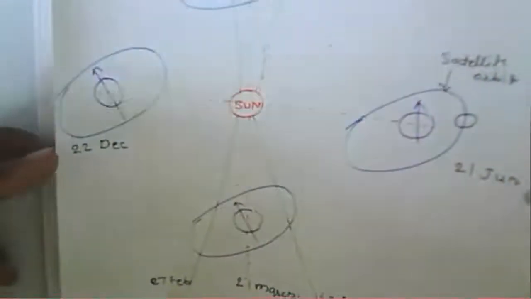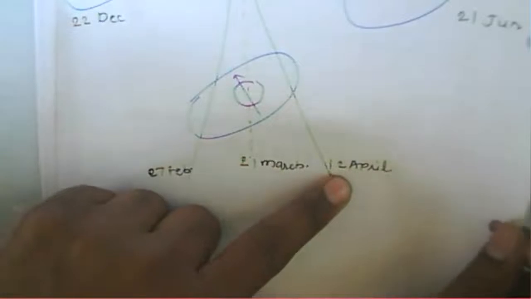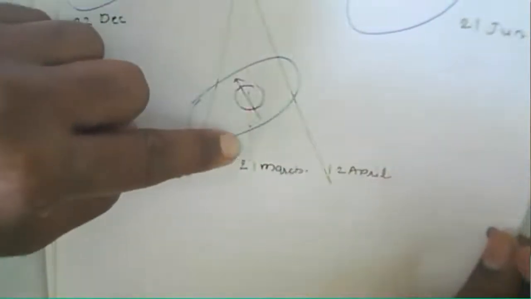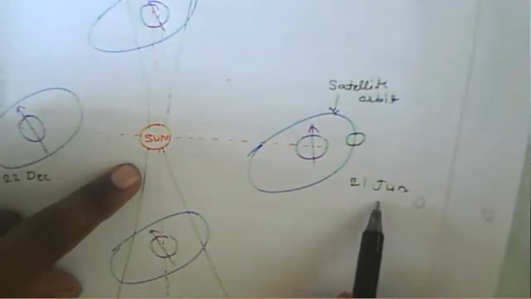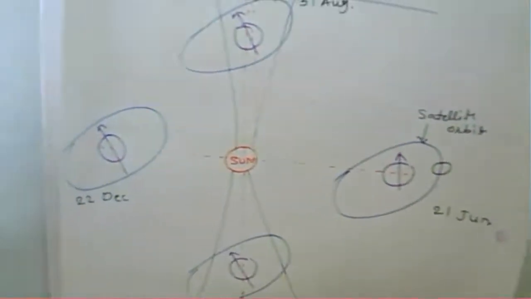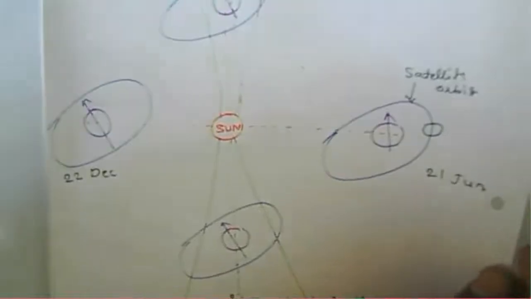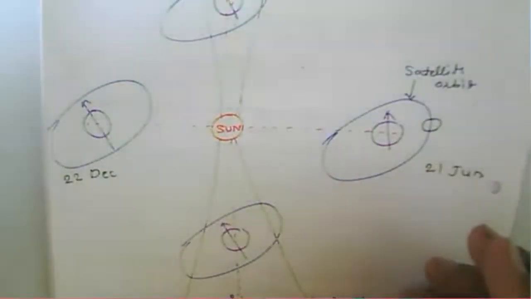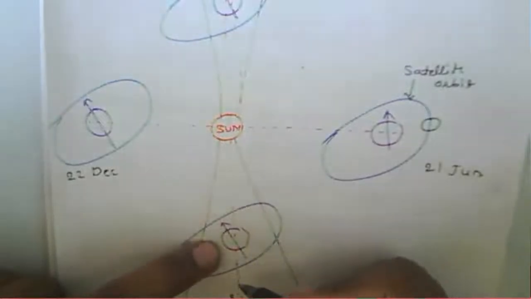And here it occurs on the 21st of June, and here it occurs on the 22nd of December. So this one is about 27th Feb to 12th of April, equinox 21st March. Here the eclipse occurs about the 21st of June or 20th December. So likewise, that is how an eclipse occurs.